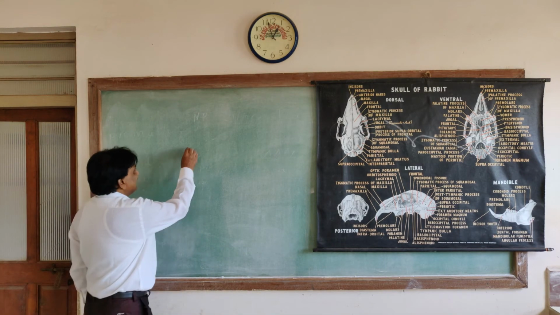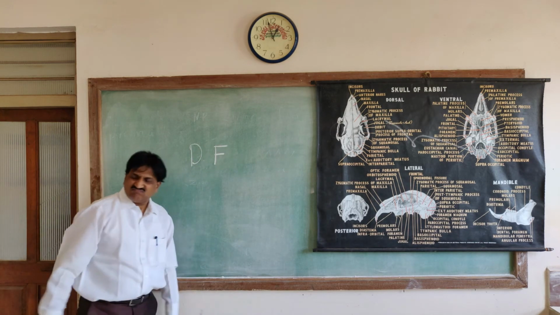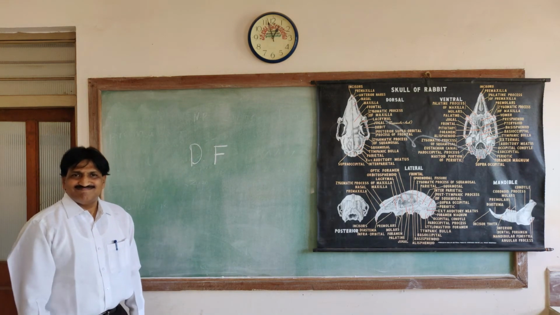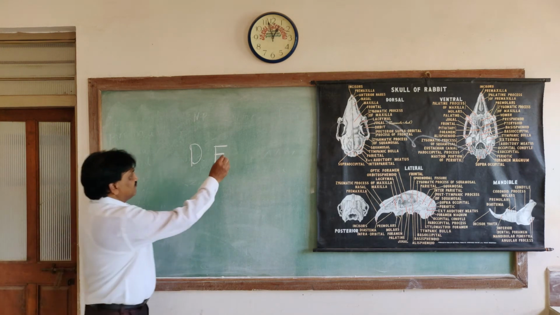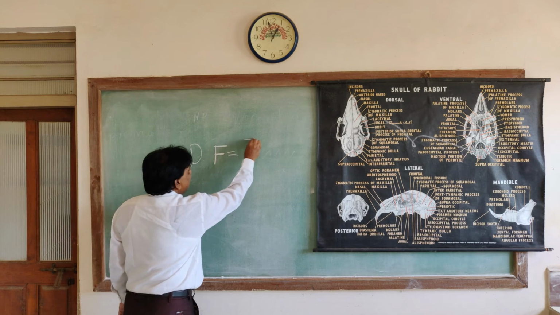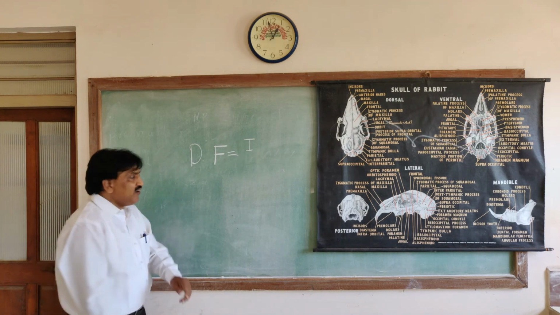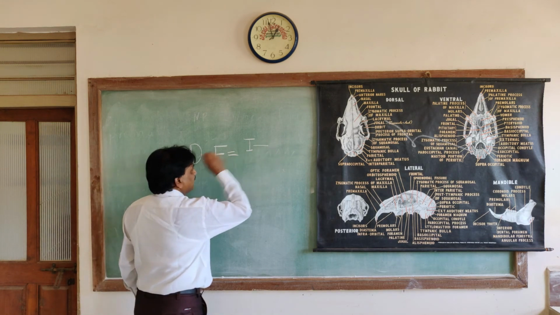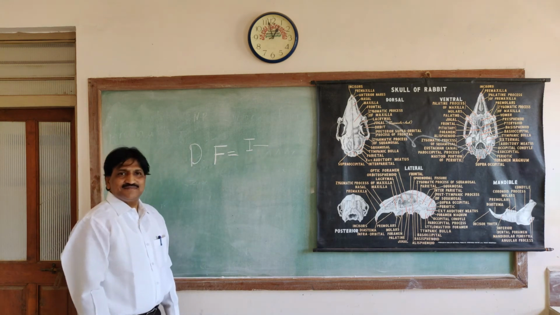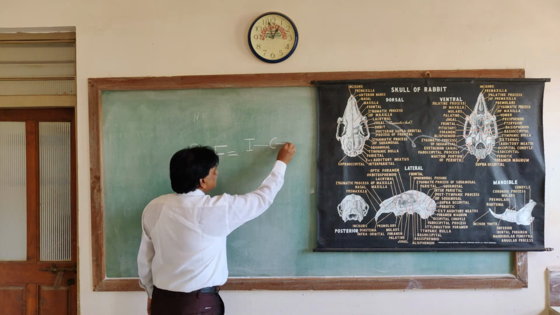Okay, now here DF means dental formula equal to, I stands for incisor. C stands for canine.